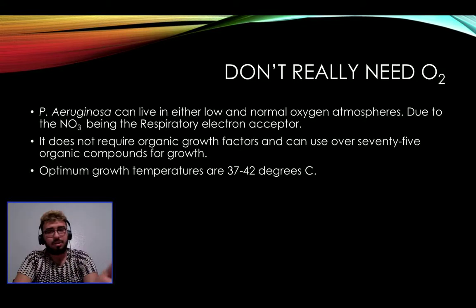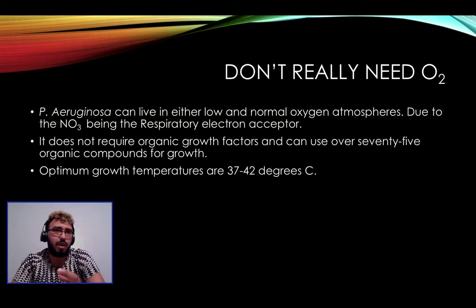You know how I mentioned before that they can live in low oxygen levels as well as normal oxygen levels. So Pseudomonas aeruginosa can live in either low or normal oxygen atmospheres. When it's in a normal oxygen atmosphere, the oxygen will oxidize and cause the Pseudomonas aeruginosa to grow.